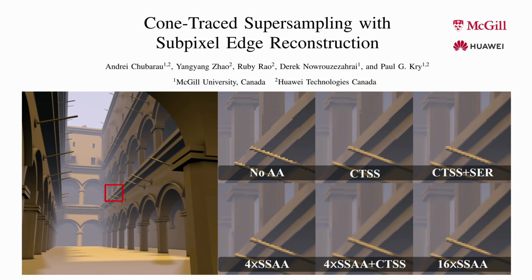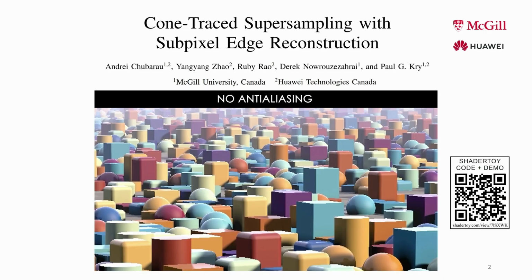Also, most of the existing optimized solutions are intended for mesh-based representations, so they can't really be applied to SDFs. In this work, we propose contrary supersampling, or CTSS, as well as subpixel edge reconstruction, or SER, which together form a very efficient direct spatial anti-aliasing solution specifically for rendering signed distance fields with sphere tracing.